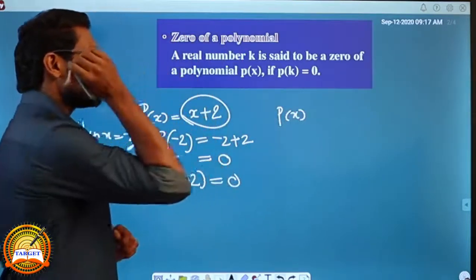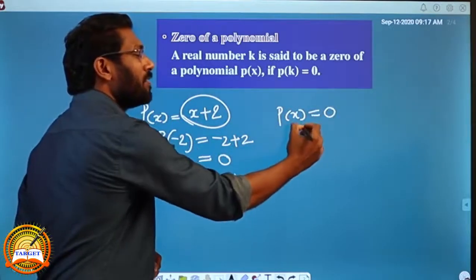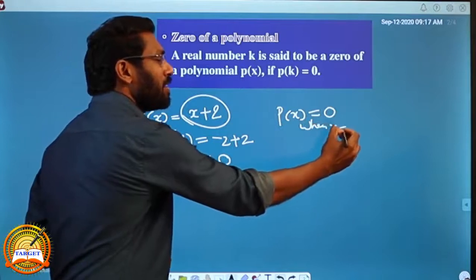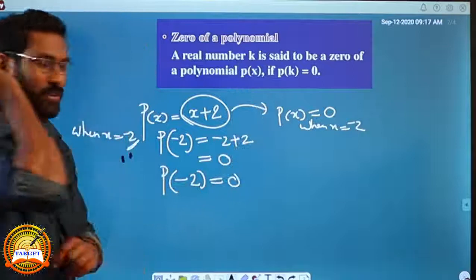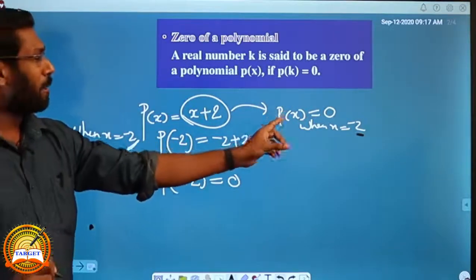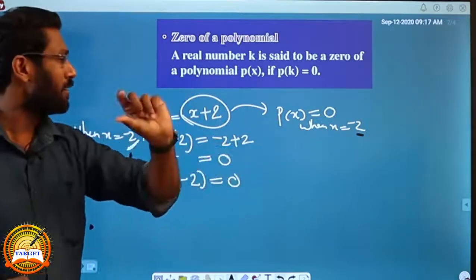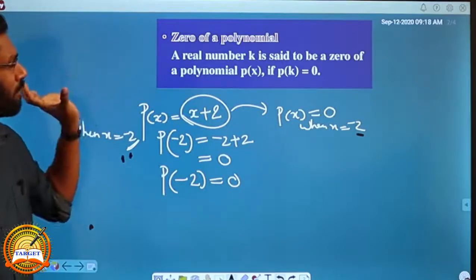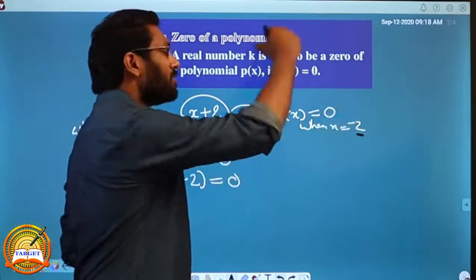P of x, this is the polynomial. This became 0 when x equals -2. This polynomial became 0 when x equals -2. The polynomial completely became 0.